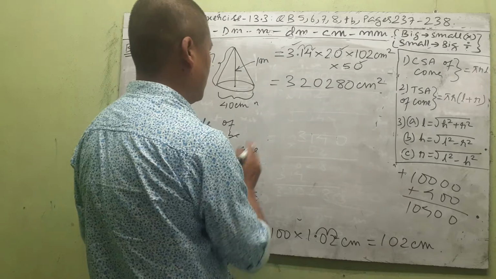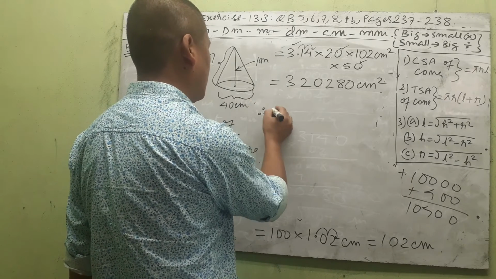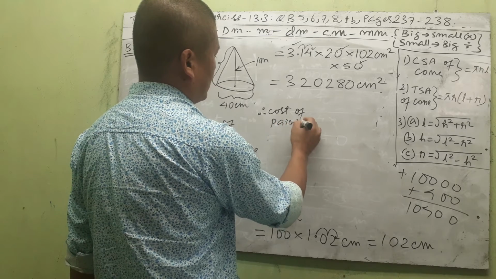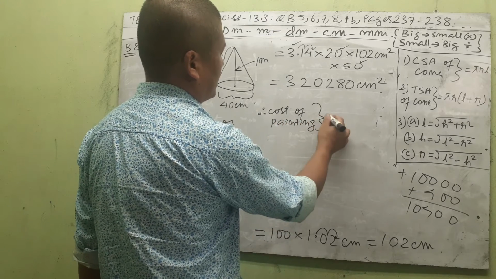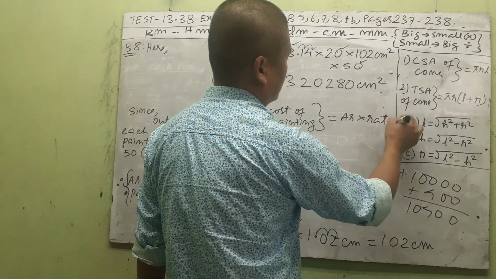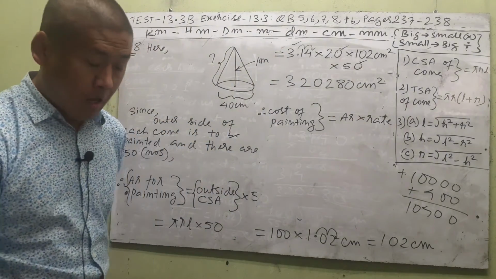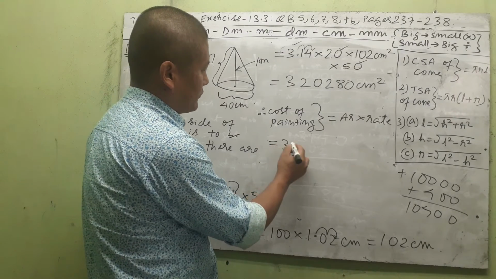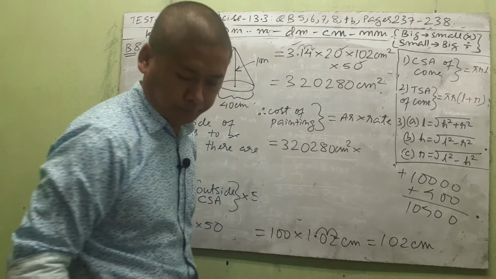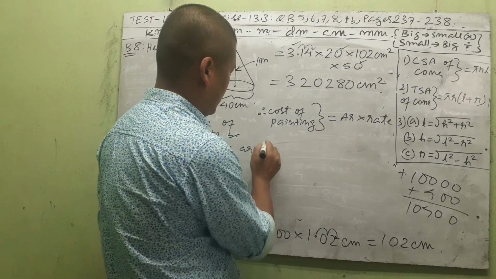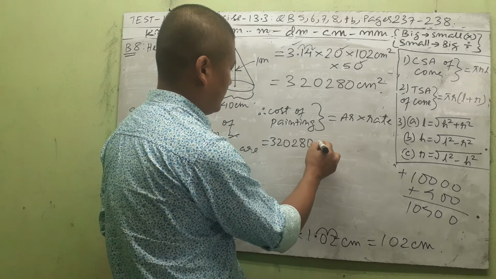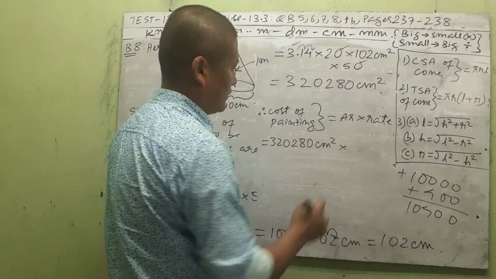Next, the cost of painting. As we have been saying, cost is always equal to area into rate, right? The area for painting we found out is 320280 centimeter square, multiplied to the rate.